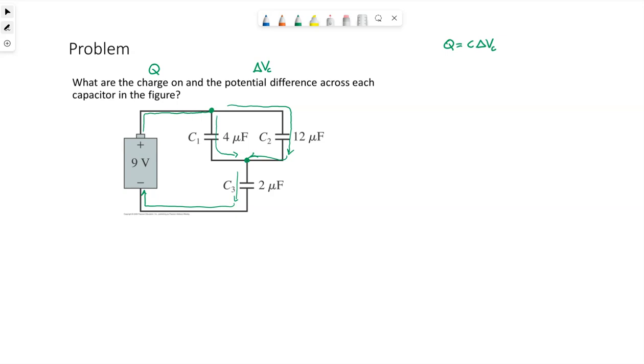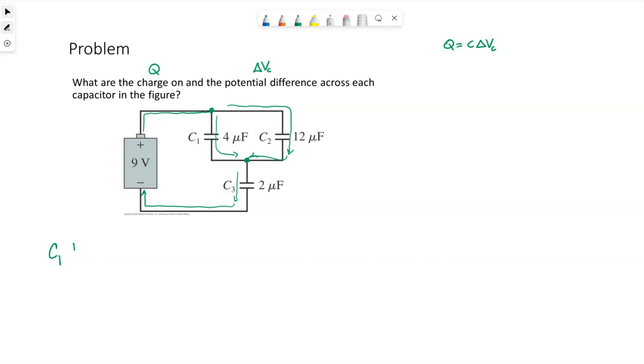We cannot say that C1 and C3 are in series. Sorry, there's a lag here.